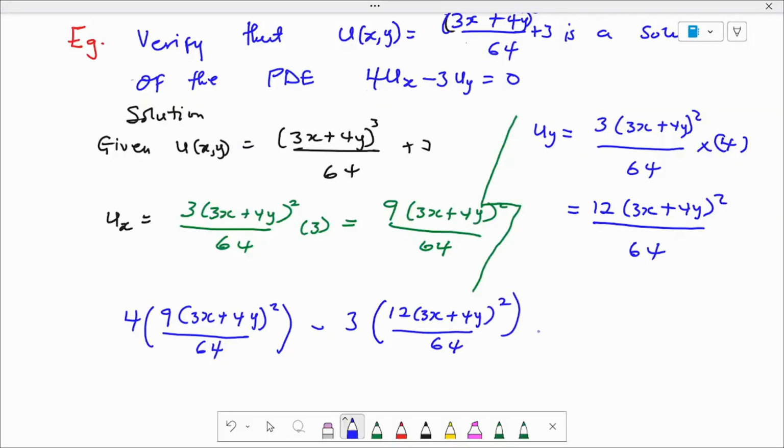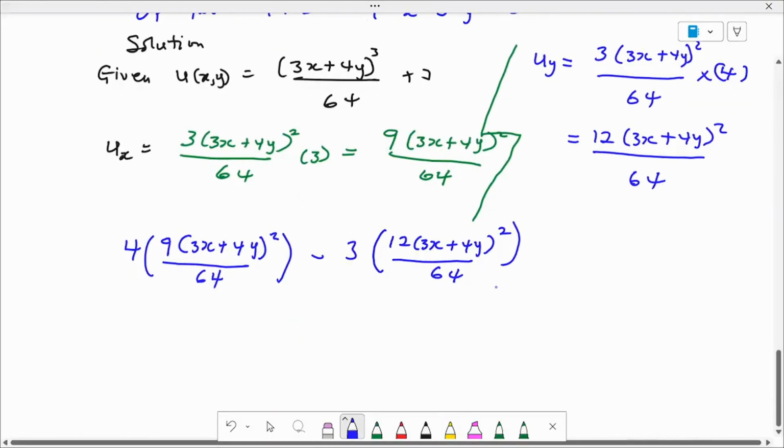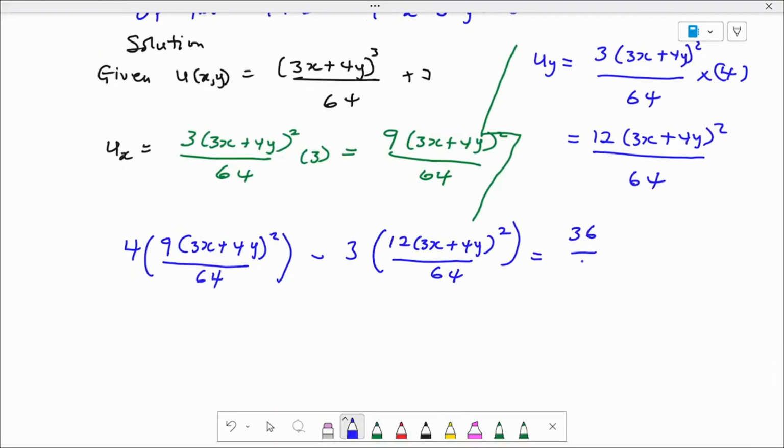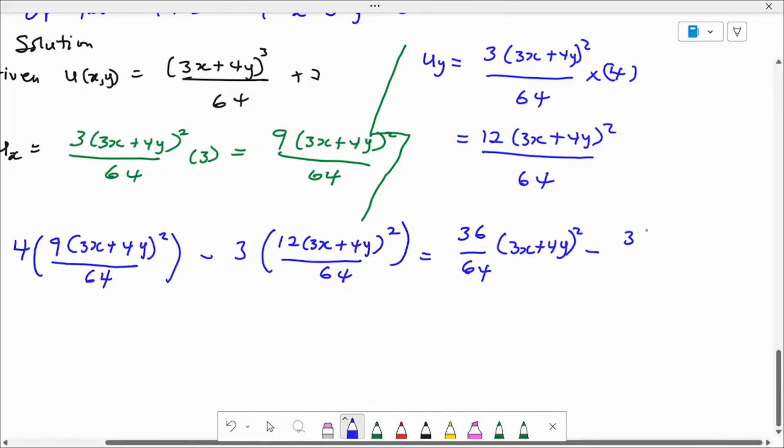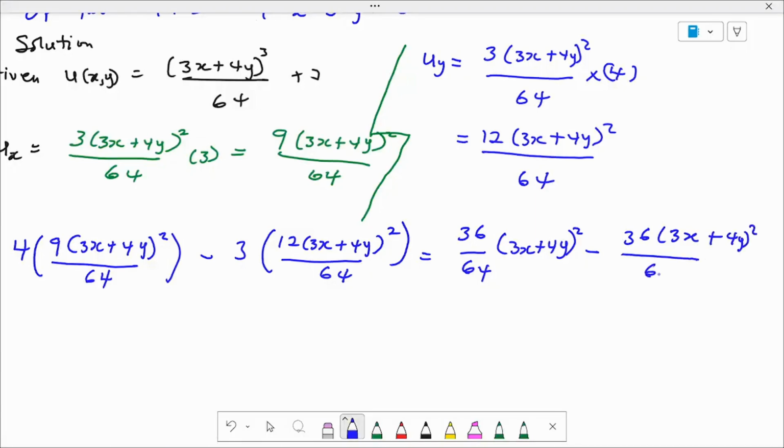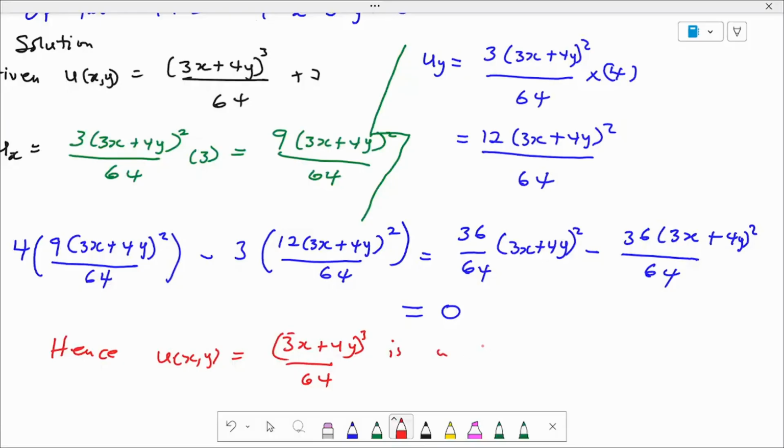When we do this, we have 36 over 64 multiplying (3x plus 4y) squared, minus 36 over 64 multiplying (3x plus 4y) squared. You see that they are all the same, so we get 0. Hence we can conclude that u(x,y) equal to (3x plus 4y) cubed over 64 plus 3 is a solution of the given PDE.